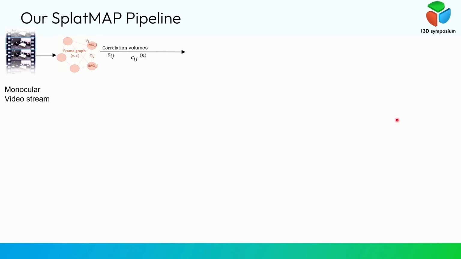Similar to what other SLAM systems do, we take monocular video streams as input, and we create and maintain a frame graph. Whenever there is a new incoming frame into the system, we add a new node to the frame graph and update the edges between the nodes. The edge represents the correlation volumes here.